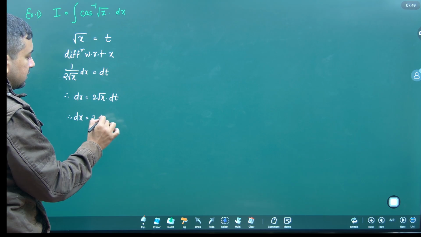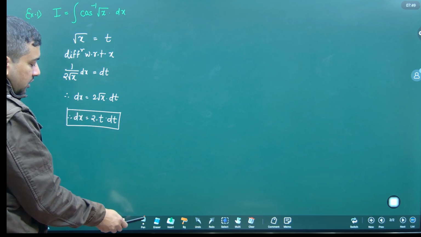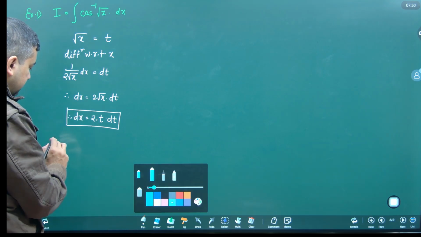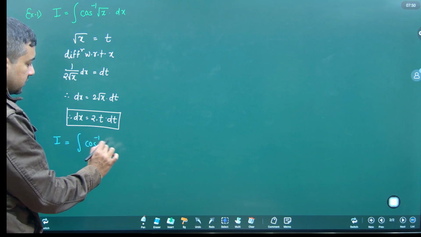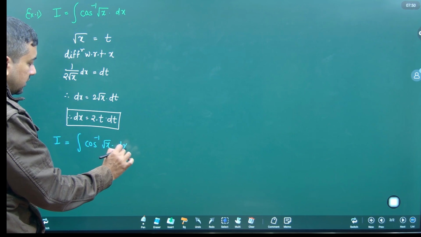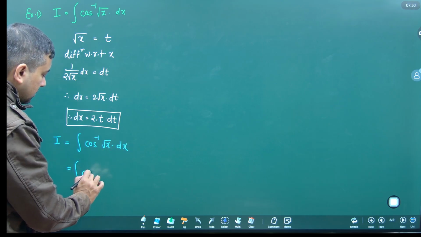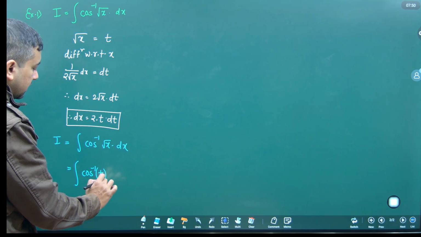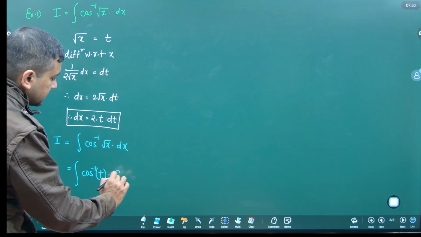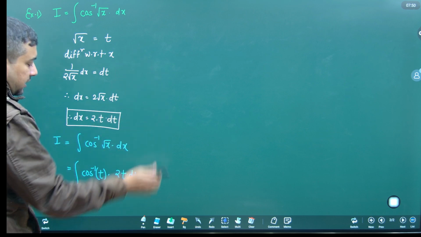Root x is t, into dt. So your original integral becomes, see what is the original integral? Original integral is cos inverse root x into dx. This becomes integral cos inverse, what is root x? Root x is t, correct, into what is dx? Dx is 2t dt, right?